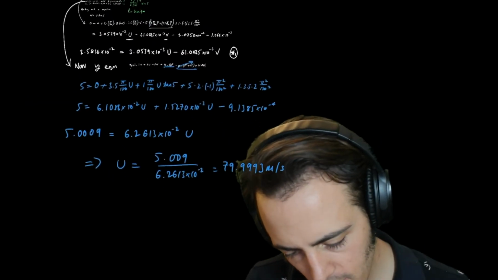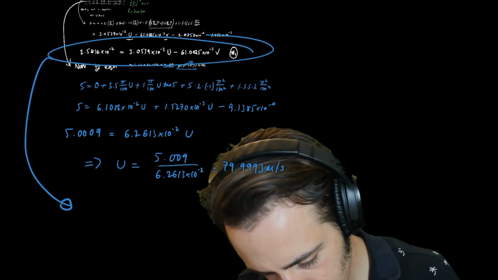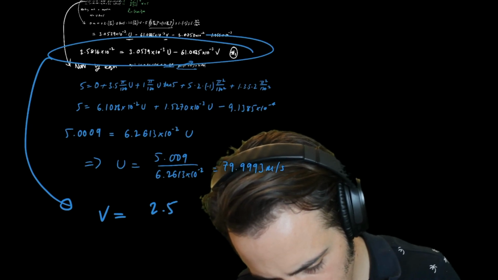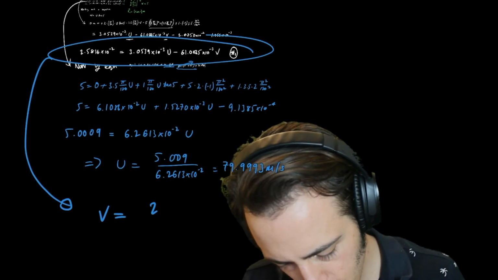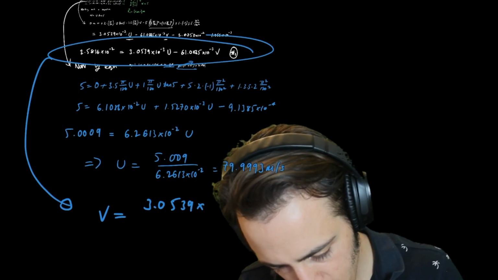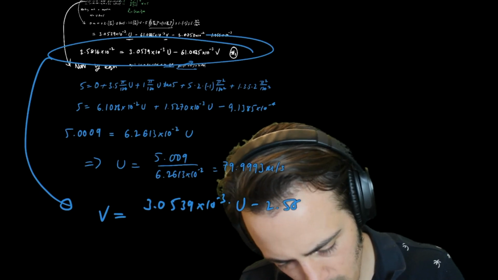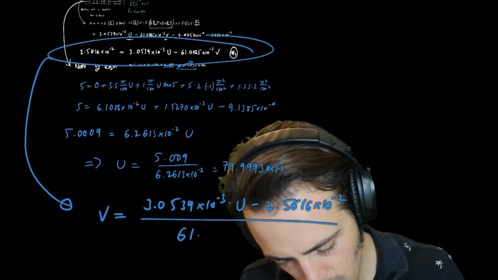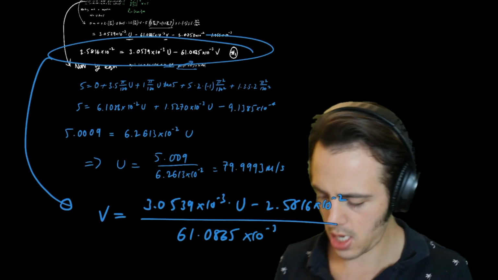We can get v then using this one here. v is equal to 3.0539 times 10 to the minus 3 u minus 2.5816 times 10 to the minus 2, divided by 61.0865 times 10 to the minus 3.